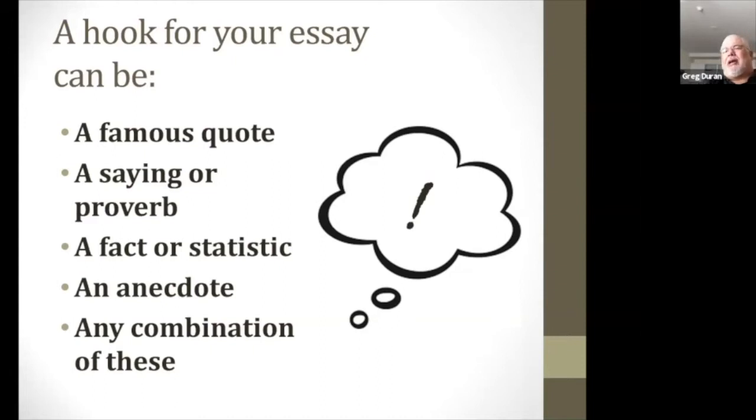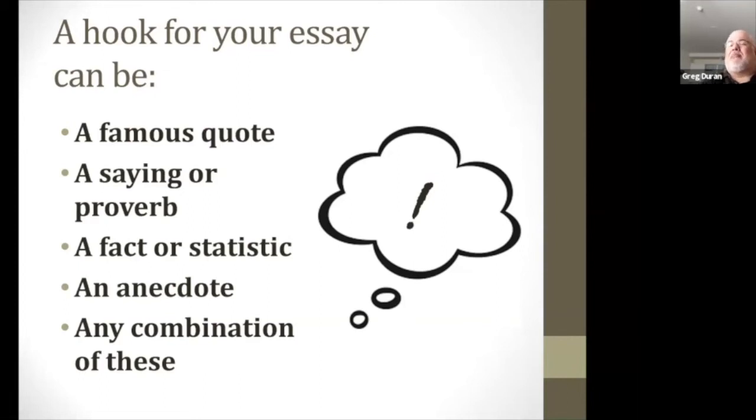And the idea behind an anecdote is that it doesn't need to be something that you've reported directly from somebody. It can be what we call a composite of perhaps different experiences. So if you're talking about a certain person, maybe you come up with a name that is not necessarily the real person's name.